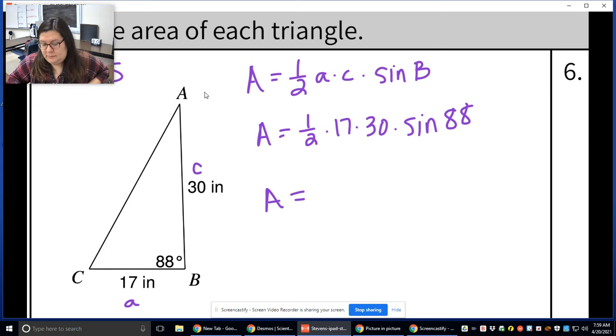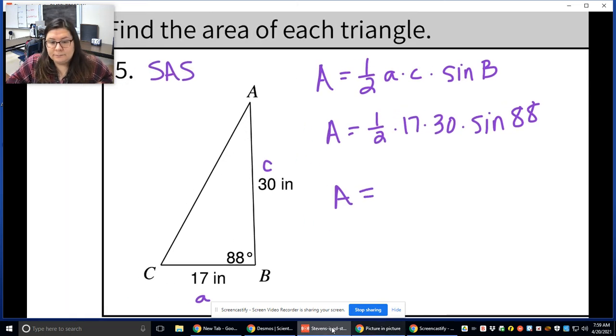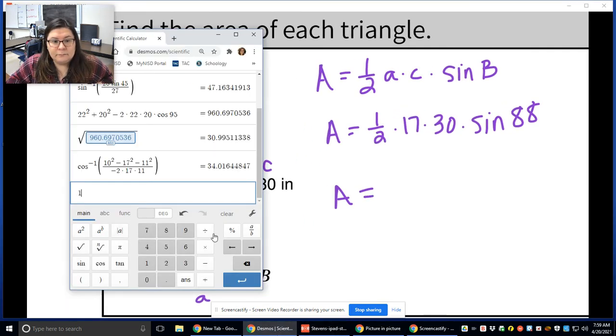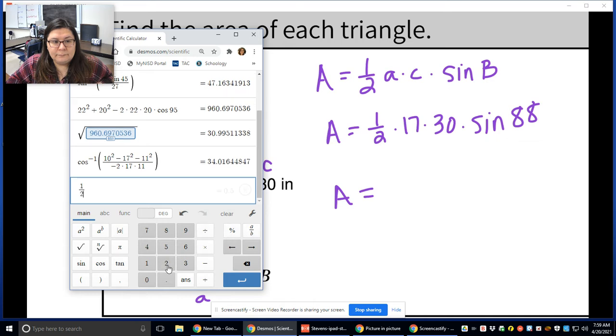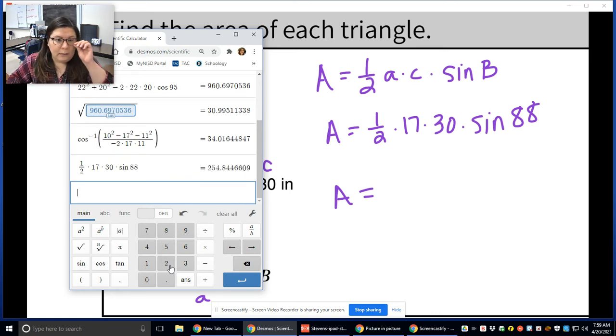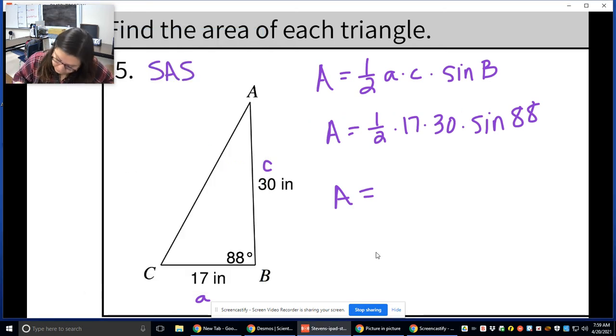You just have to put this into the calculator. Okay, so 254.8. So the area of that triangle is 254.8 square inches. See how they're measuring in inches?